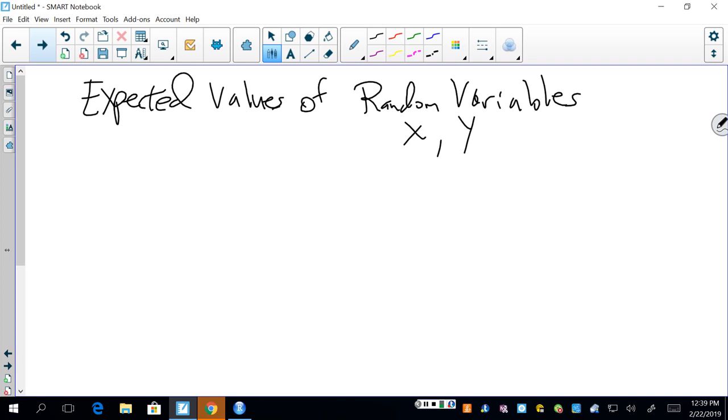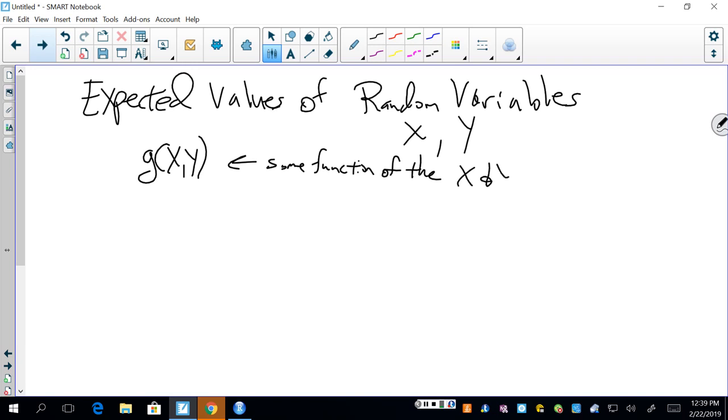But in the general case, you have some function of the x and y values that you're interested in. It could be anything, like a cost plus a multiplier times x plus a multiplier times y. It could be some number like pi, x, y, something like that. It could be quite complex functions of your x and y variables.